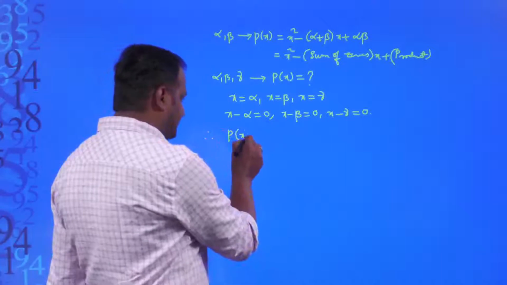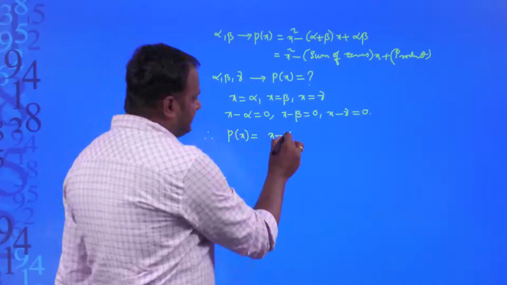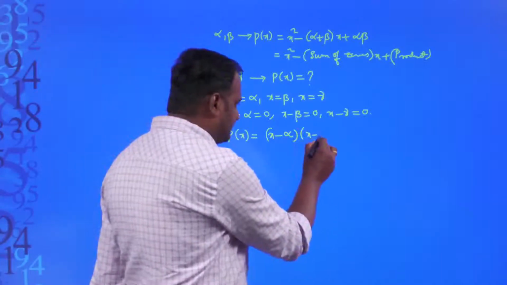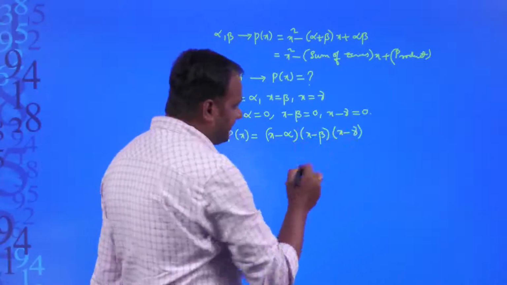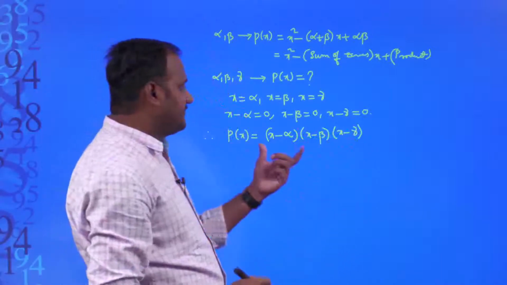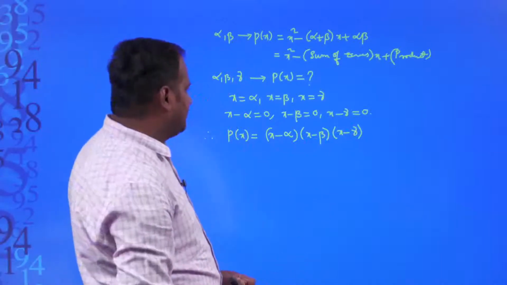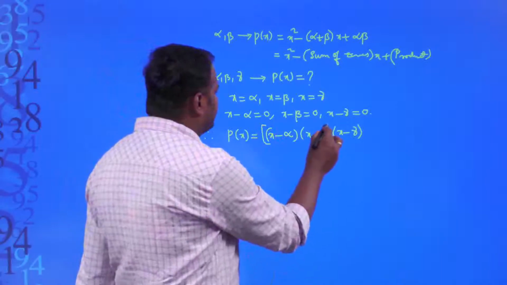P of x is going to be, the first factor is x minus alpha, the second factor is x minus beta and the third factor is x minus gamma, right. Now, you will have to multiply all these three linear factors. Already we multiplied x minus alpha and x minus beta, right.